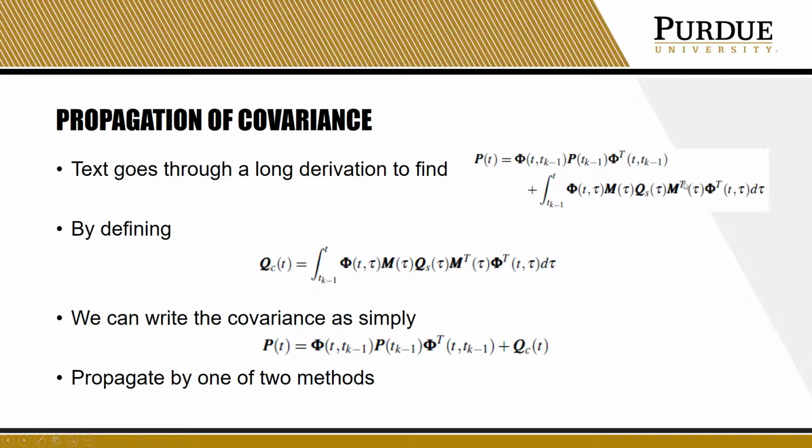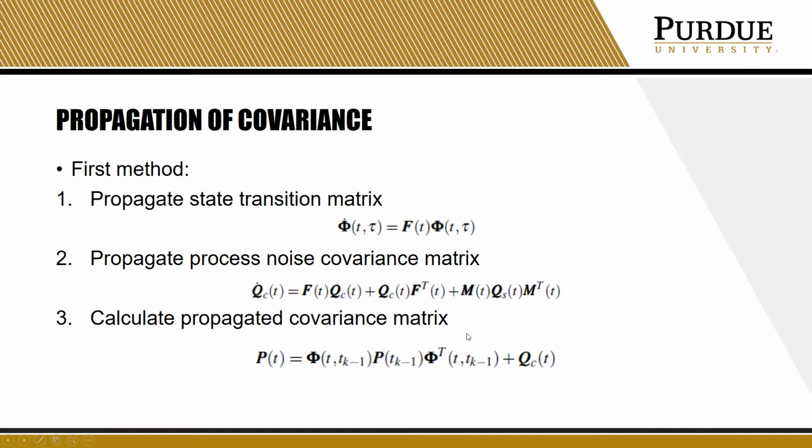Now, if we simply define this integral term as Q_C, which is our process noise covariance, we can rewrite the covariance as simply P equals phi times P_{k-1} times phi transpose plus Q_C, where P_{k-1} is the covariance at the previous time step. So we can propagate this by one of 2 methods. Firstly, we can propagate the transition matrix by saying that phi dot is equal to F times phi.